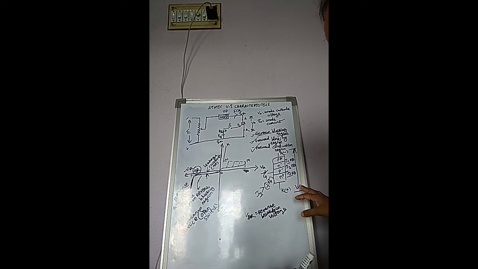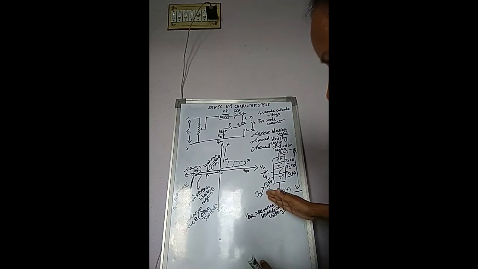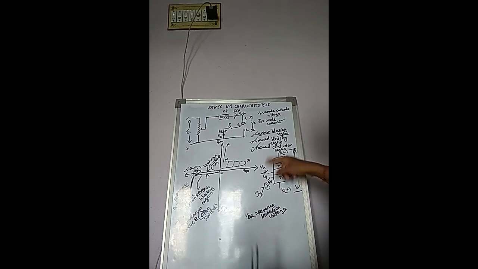Got you? So when J2 is forward bias and these two are reverse bias, the thickness of the depletion layer at J2 is always greater than the total thickness of junctions J1 and J3. This is the mode where J1 and J3 are in reverse bias and J2 is in forward bias.